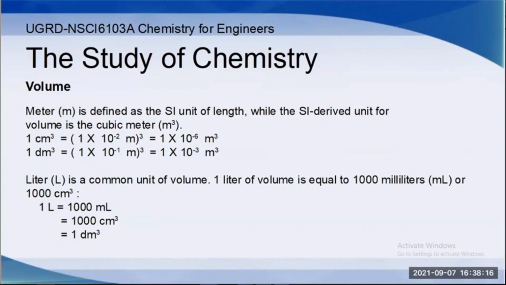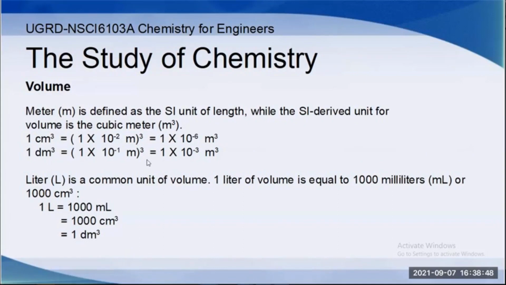In medical settings, usually liquids are expressed in cc. And then, so 1 liter is equal to 1,000 milliliters or 1,000 cubic centimeters or 1 cubic decimeter. Okay, so that's for the unit of volume, which is liter.